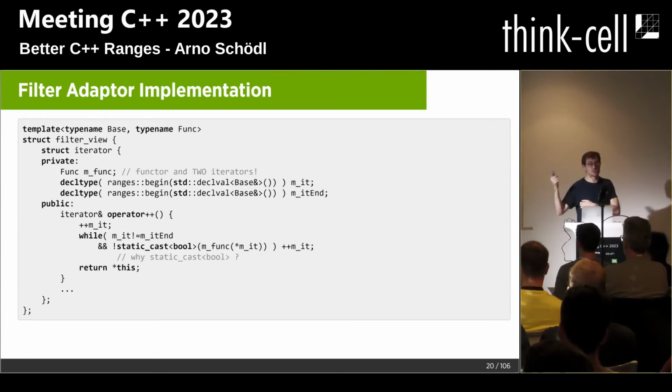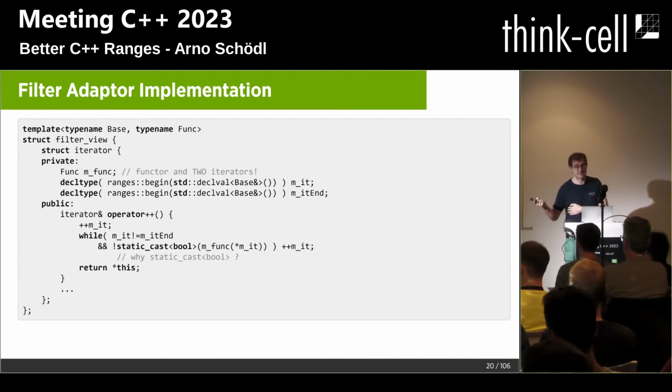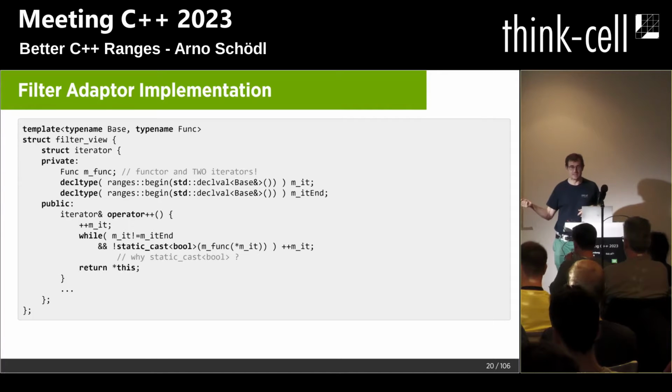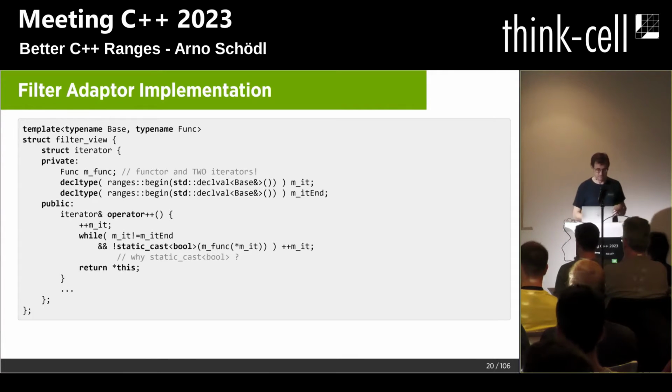We need to know when to stop because we can't dereference the end iterator. So we need to remember the end iterator, so when we are incrementing, we're not falling off the end. We don't need to remember the begin because dereferencing begin is illegal. So you can't do that, but you can increment the one before end, so you need to remember end so that you don't fall off the end. Okay, so we have a functor and 2 iterators inside each iterator.